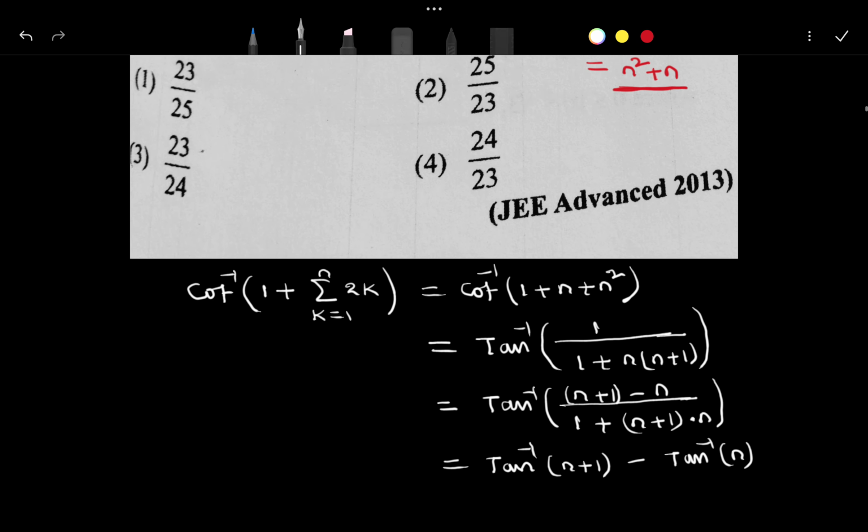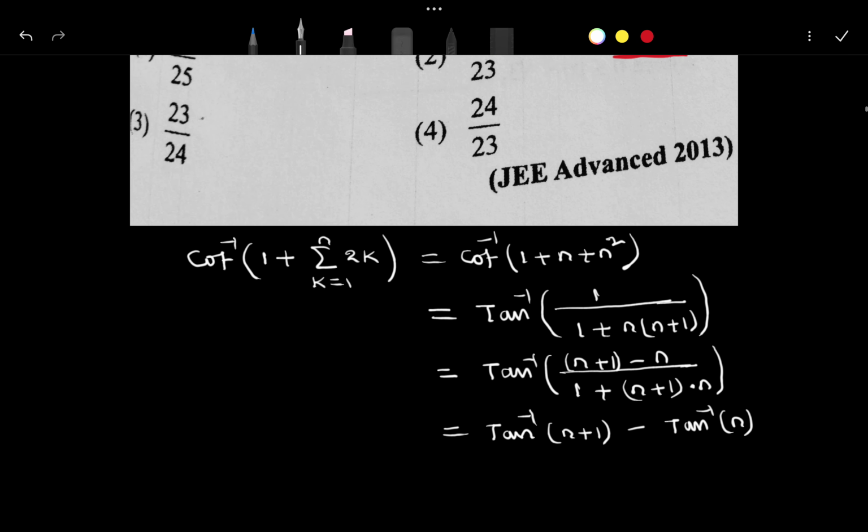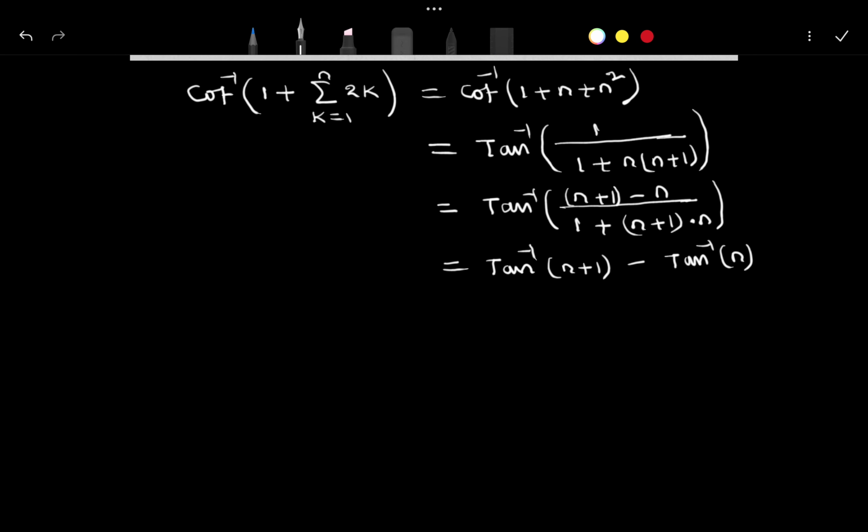After you see the question, sigma n equals 1 to 23 of cot inverse of 1 plus sigma k equals 1 to n 2k.